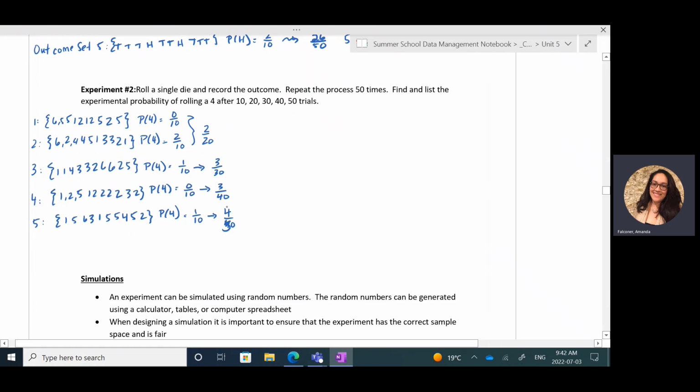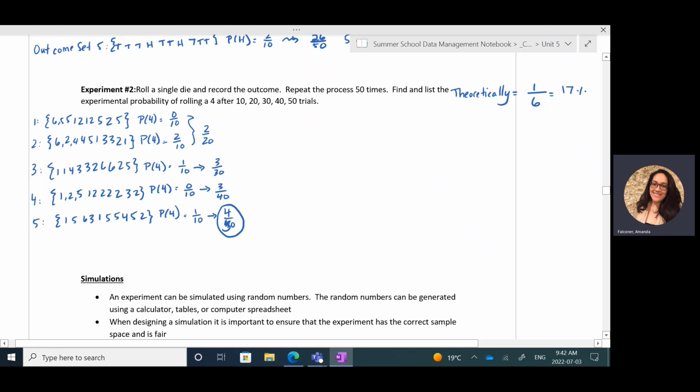So my experimental probability of rolling a 4 out of 50 trials is 4 out of 50. Now, if we want to think about it theoretically, to roll a 4, there's only one face that has a 4 on it out of the 6 total faces. So theoretically, the probability is about 17%.